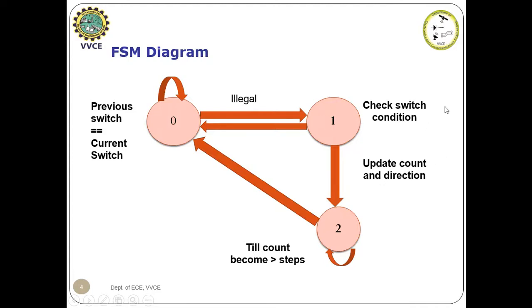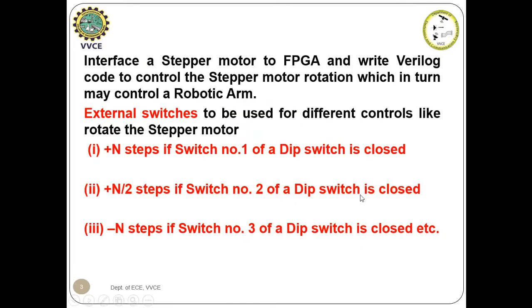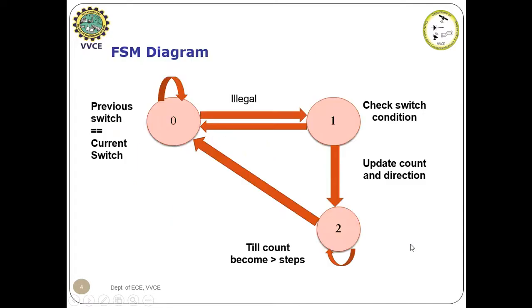As I already explained in the earlier slide, we have 3 configurations: 100, 010 and 001. Based on the switch condition, we have to update the count value and the direction value. Now, after checking all these conditions, finally I am testing one more condition: if my count value is less than the steps, say assume that I use 200 steps here.